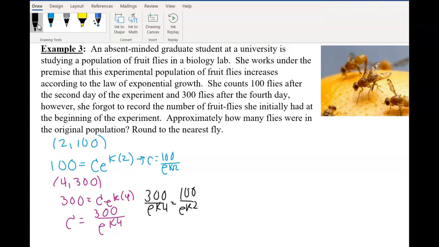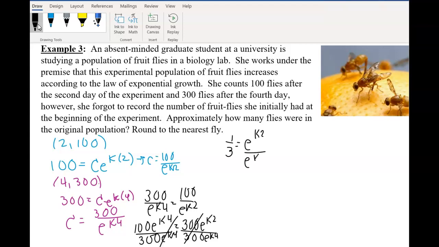Cross multiply. Divide by the 100 and the e^(4k), so you get 1/3 equals e^(2k) over e^(4k).